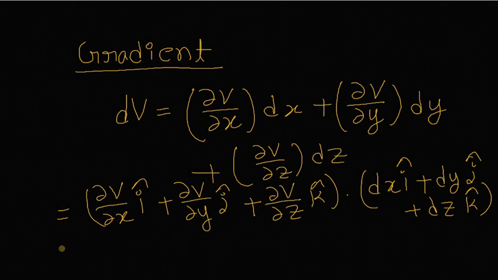Now the left side can be written as grad of v, and the right side can be written as the position vector.